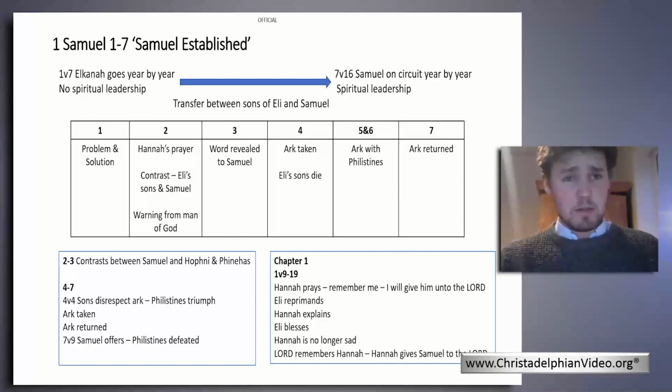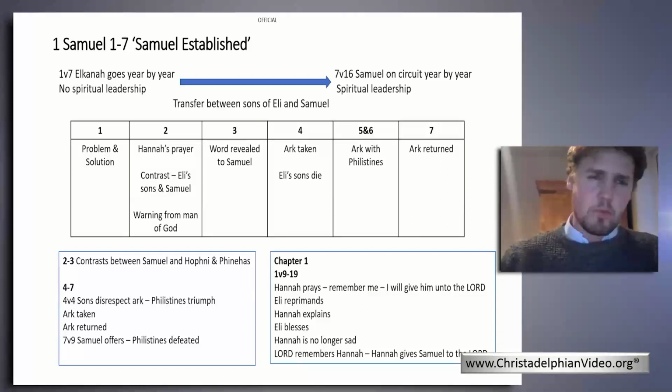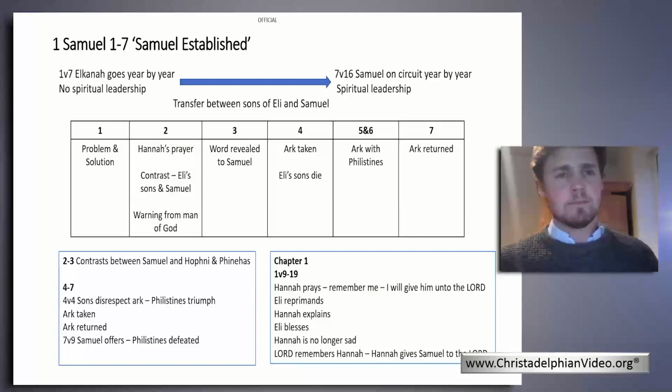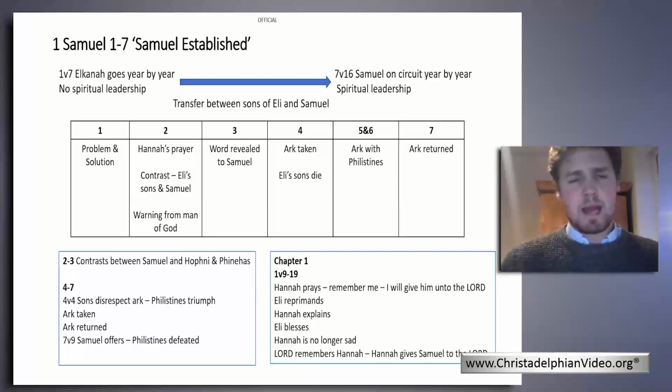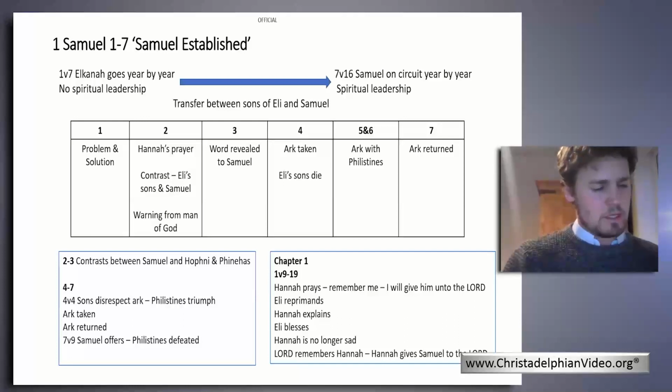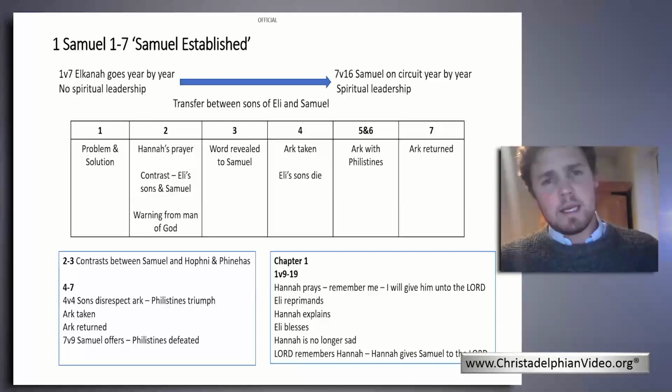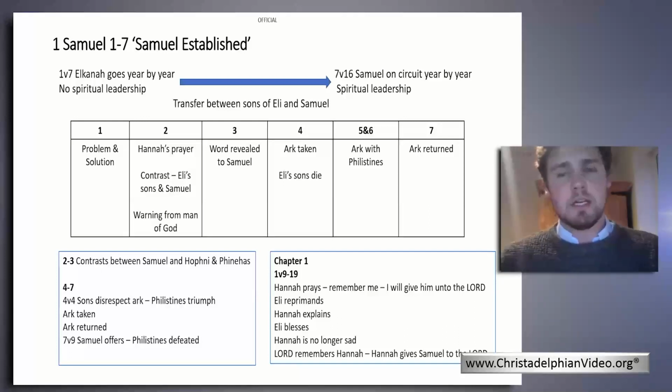Elkanah goes up year to year on this routine journey that he makes, going from where he lives in Ramah to worship and then back again. And as Elkanah makes this journey, in the same way, the seven chapters end with Samuel making a similar journey at the end of this section.